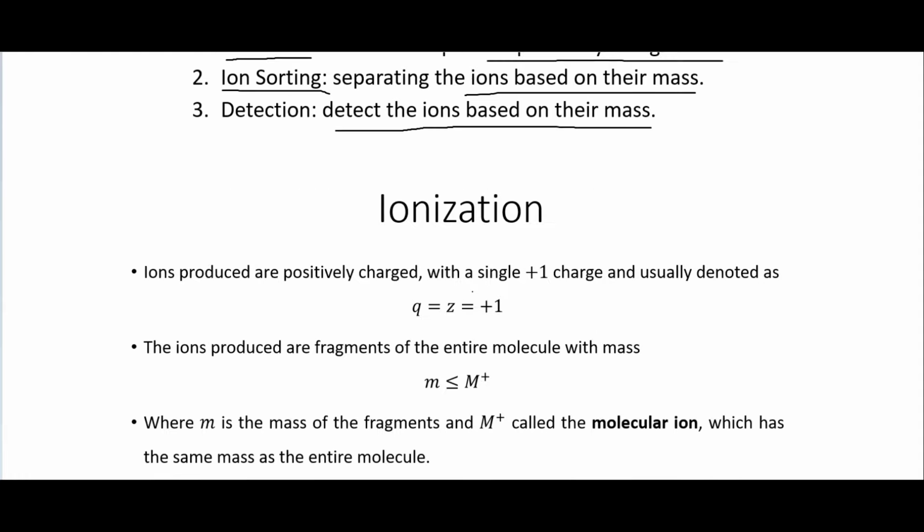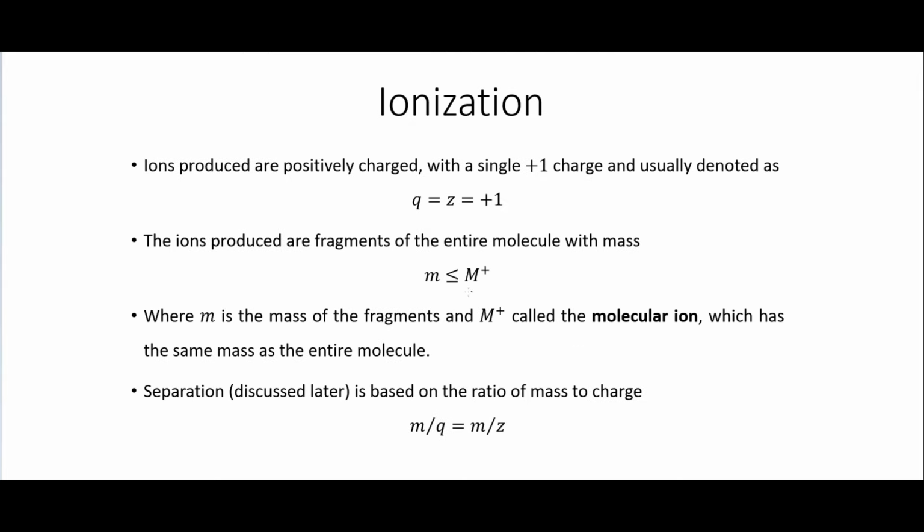So the first step, as I said, is the ionization. Ions are produced that are positively charged, and in most cases they are going to be just a +1 charge, which is often denoted with Q or Z. I mostly use Z, but you will often see it as Q as well.